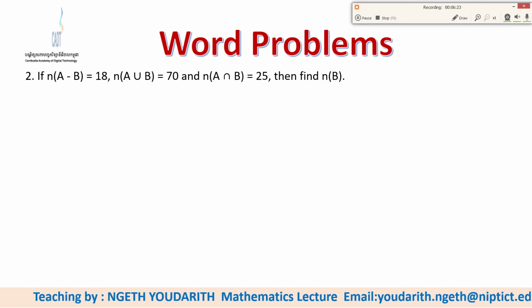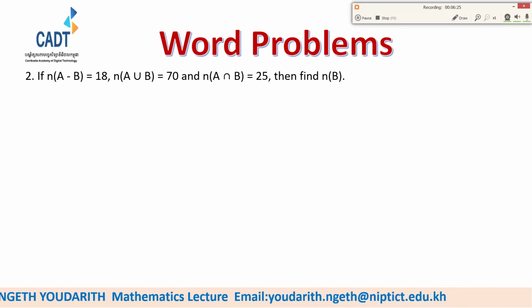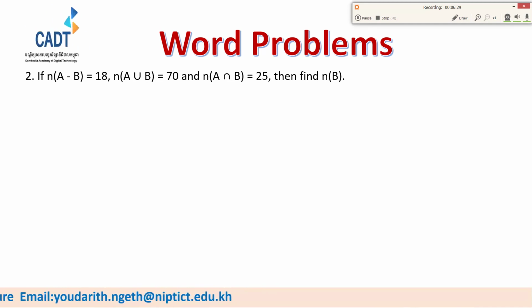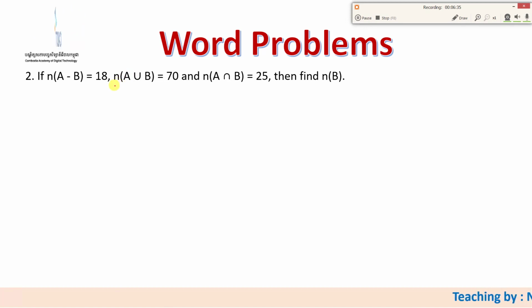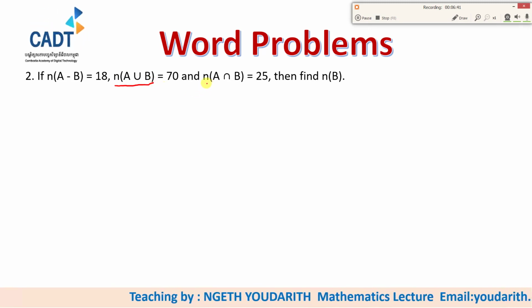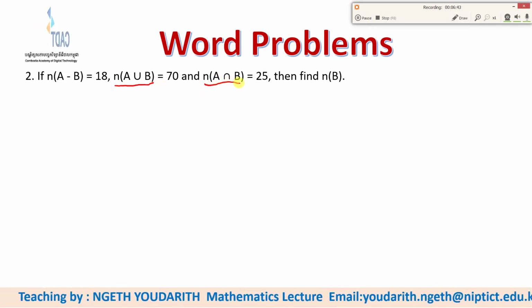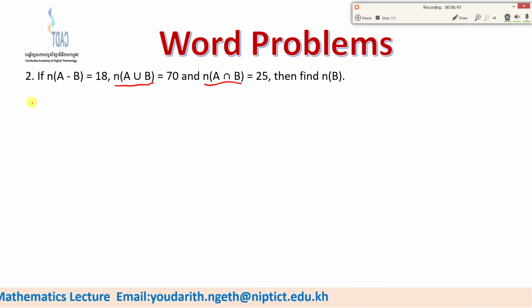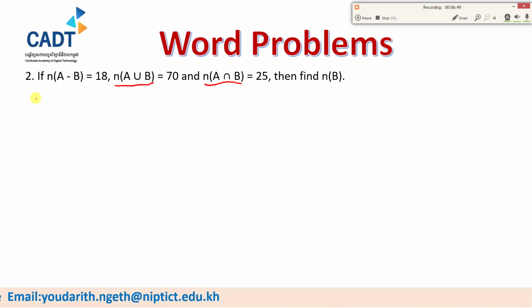How can we find n(B) here? To find n(B), we should know that it relates to n(A union B) and n(A intersection B), but we should also know n(A).